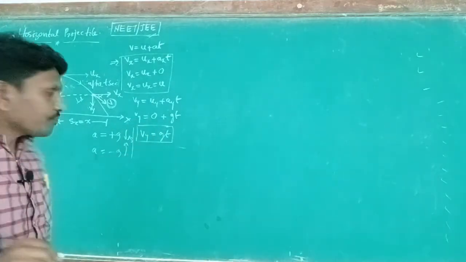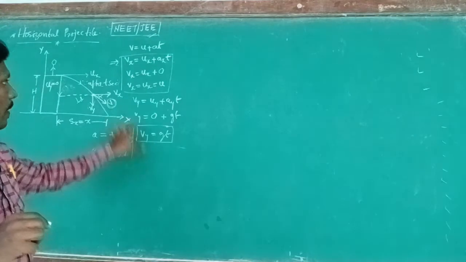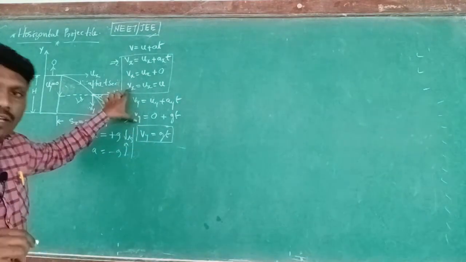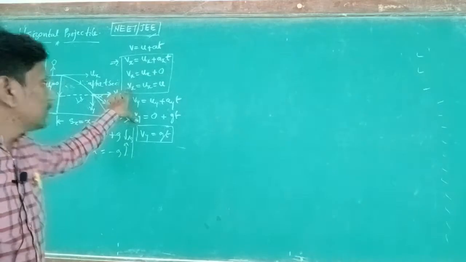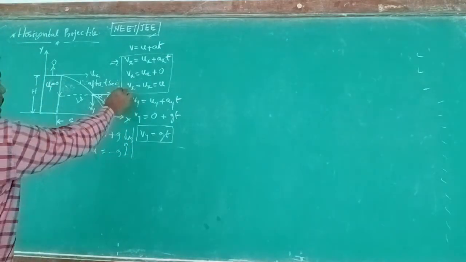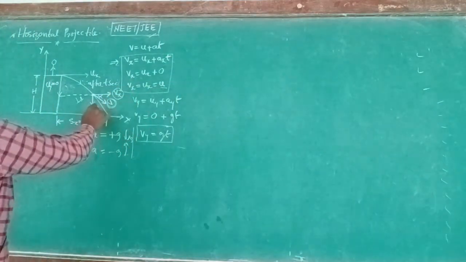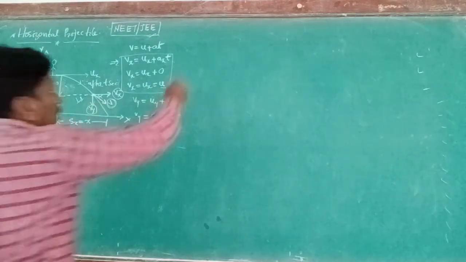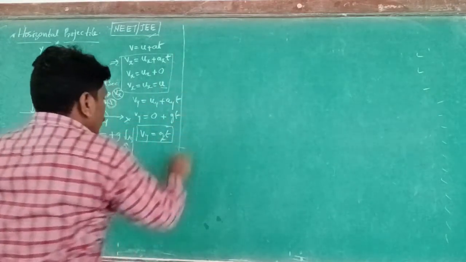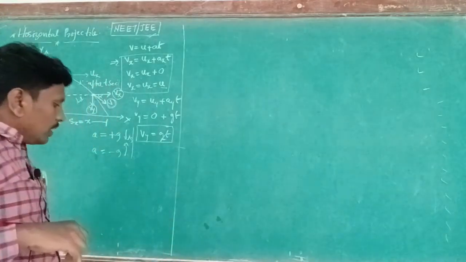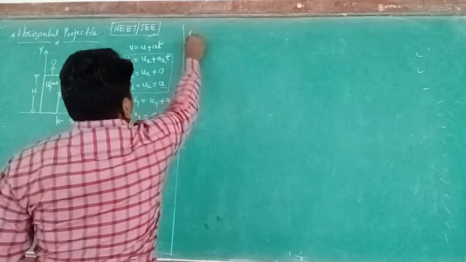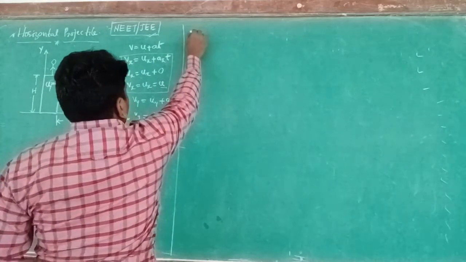Clear? So this is the component of final velocities. From this we can write it as u, and this Vy nothing but gt. Now let us find out some conditions for the horizontal component.